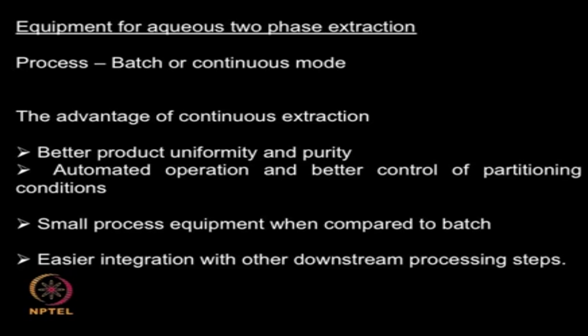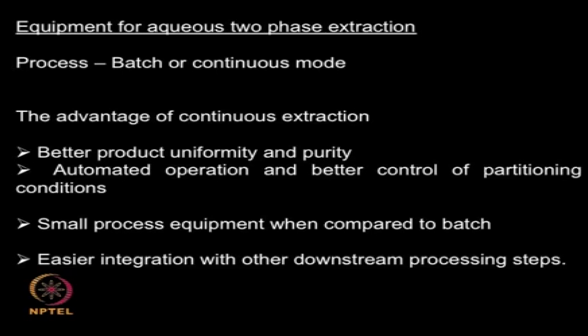But the advantages are tremendous: you get better product uniformity, better purity, you can go into automated operation, and we have better control of partitioning conditions. That is one of the main advantages.